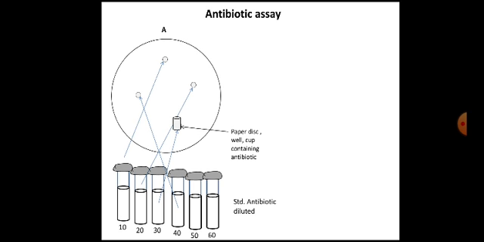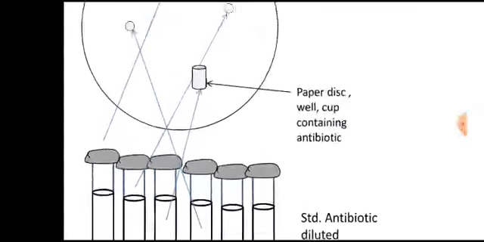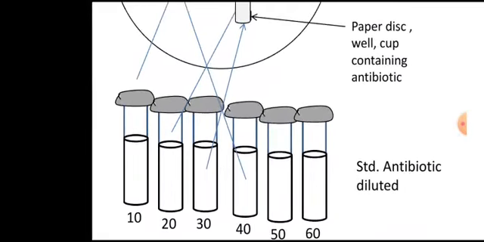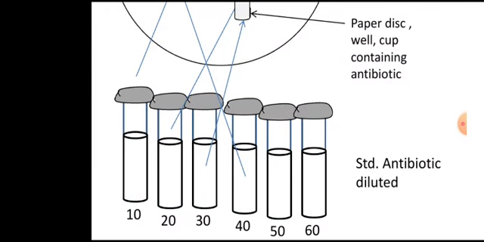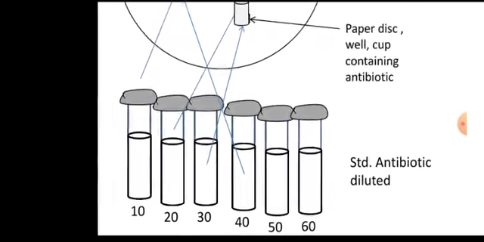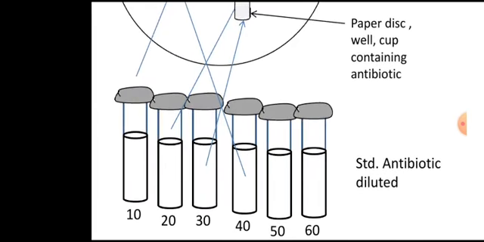These are the tubes containing the antibiotic, and this antibiotic solution is diluted so as to obtain various dilutions which are marked here, like 10 micrograms per ml, 20, 30, 40, 60, and so on. So this standard antibiotic solution is diluted to get these different concentrations.